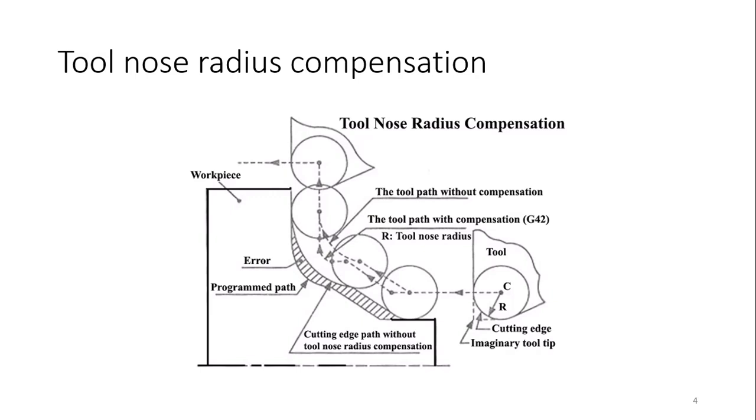If you are not using it, somewhere it will create an extra cut, or somewhere it will create less cut on the job. So if you are using the tool nose radius compensation, it will follow the path throughout the job according to its diameter. Clear? That is the benefit of tool nose radius compensation.